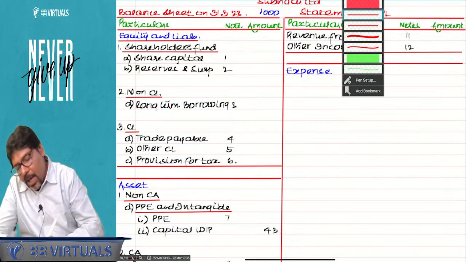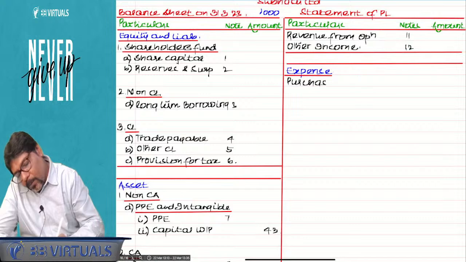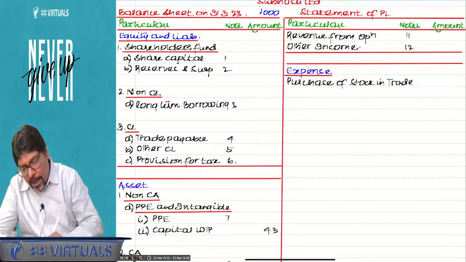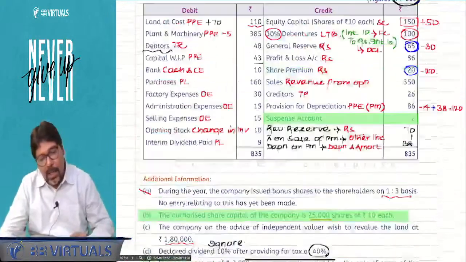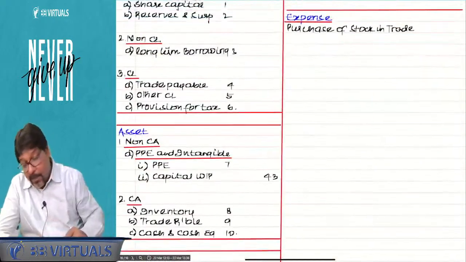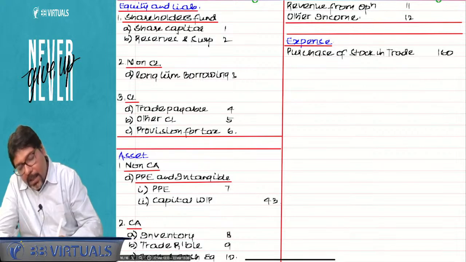After that you've got purchases of stock in trade. That we can write directly. And how much? 160. Correct.